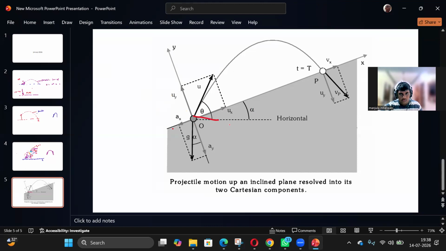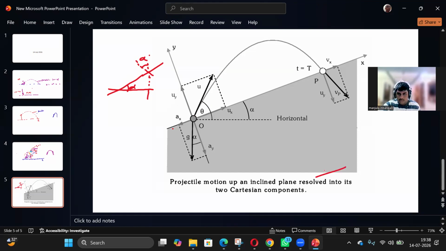See, this is the horizontal line, and there is one more line like this. The angle between these two is alpha. Then the angle between their perpendiculars, perpendicular to this horizontal line is vertical, and perpendicular to this inclined plane is the normal. So the angle between these two is also alpha. This you can use as a standard result. Is that clear?